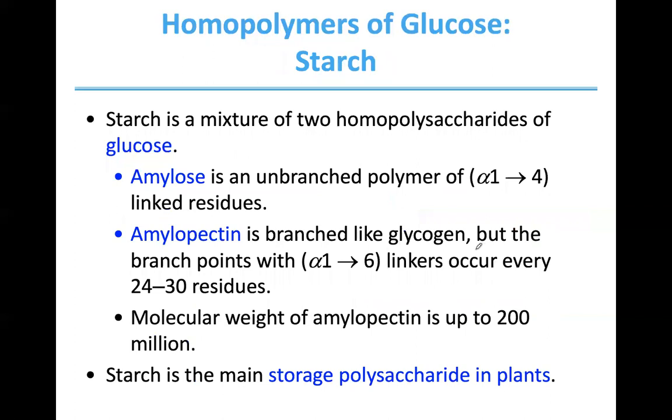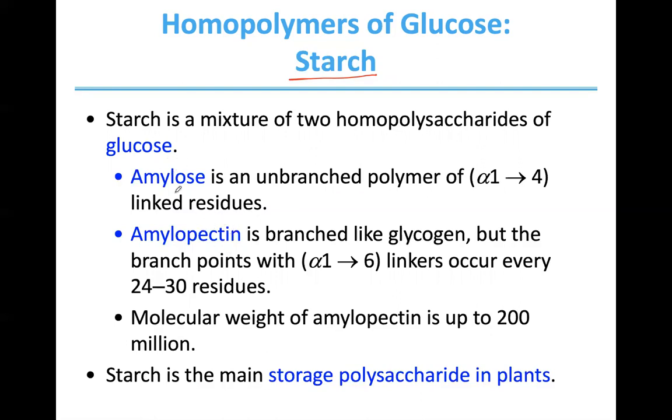And starch will be similar, only in plants, right? So here's starch, also a homopolymer. This one is a mixture of amylose and amylopectin. Amylose is just an unbranched polymer of alpha 1 through 4 linked residues, no branching. And amylopectin is a different molecule, right?